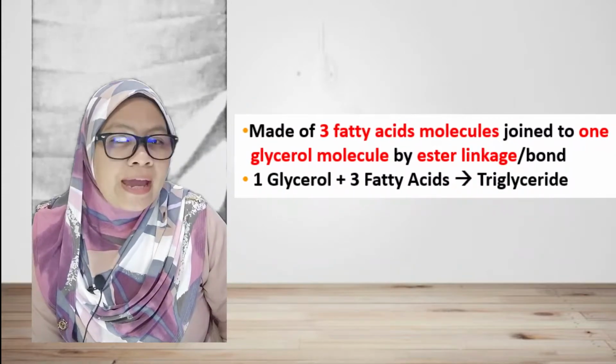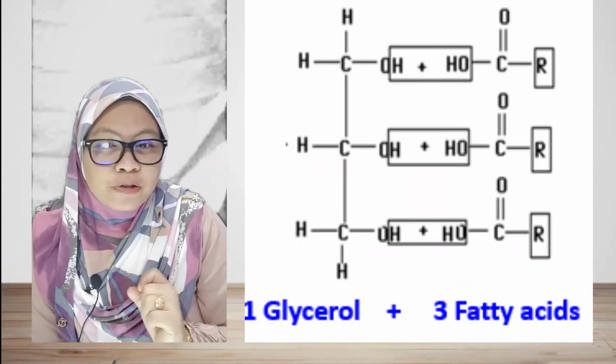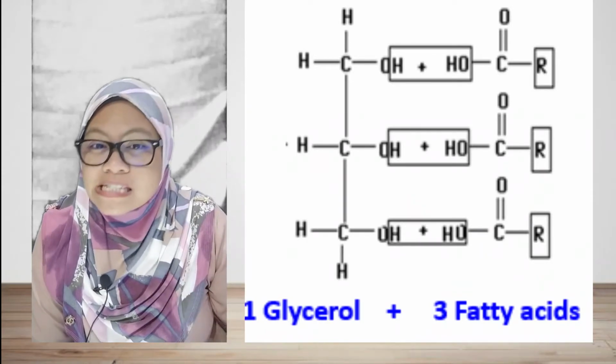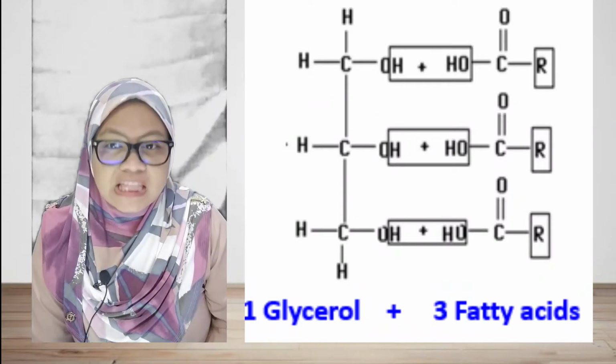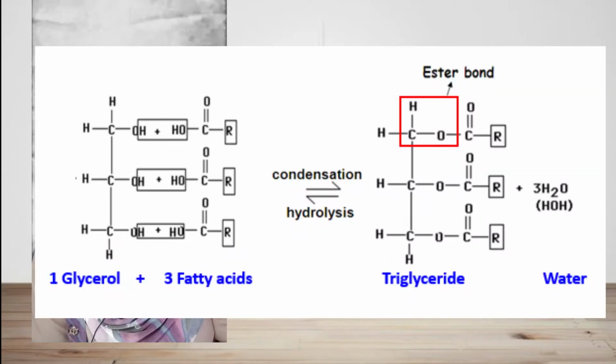Formation of triglyceride. So triglyceride is formed between 3 fatty acids and 1 glycerol, and the reaction involves the hydroxyl group of each carbon in glycerol and also the carboxyl group of each fatty acid. So look at the structure here. Okay, in this reaction of formation of triglyceride, the process involved is esterification or condensation.